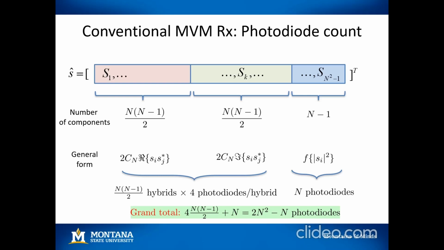We see that this simple back of the envelope calculation shows that the mode vector modulation receiver needs a number of photodiodes that scales quadratically with the number of degrees of freedom. This is prohibitive because a coherent receiver, for example, has a number of photodiodes that scales linearly with the number of degrees of freedom. Therefore, for a cost-sensitive application like short haul, the number of photodiodes must be reduced.